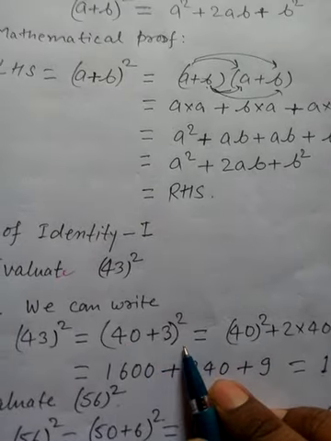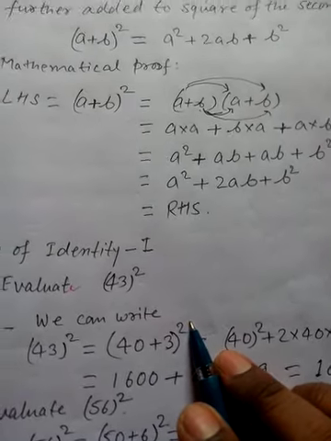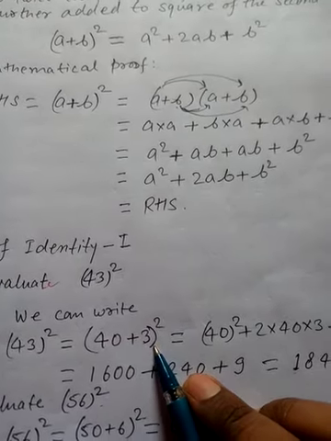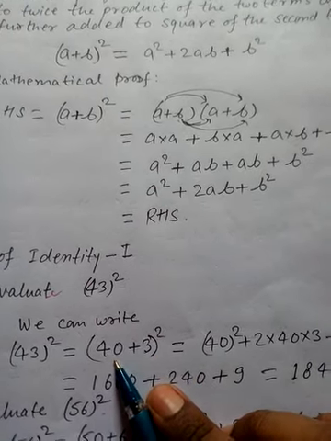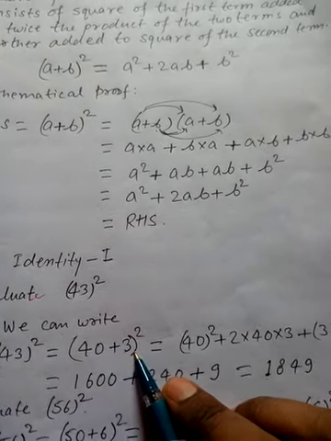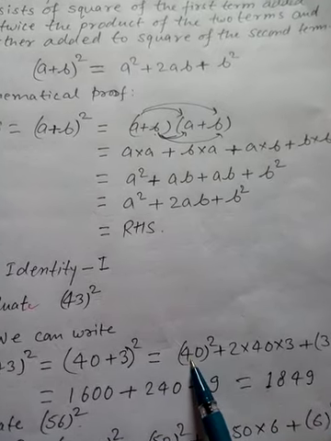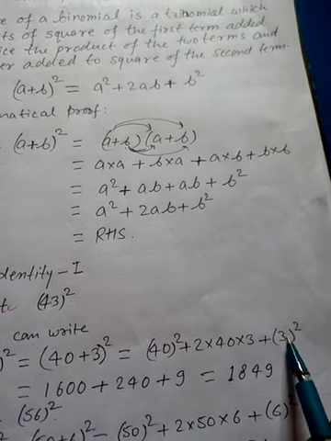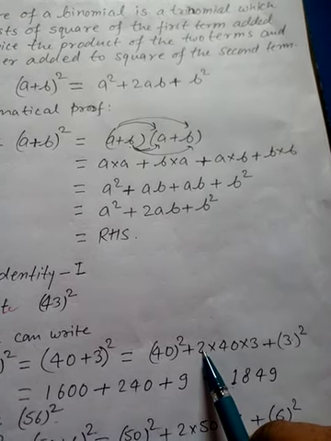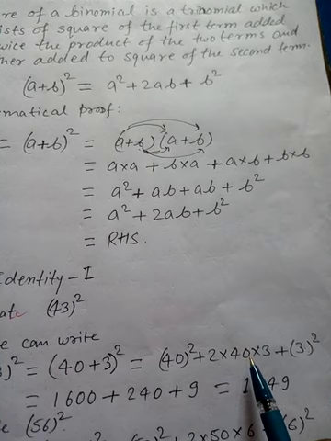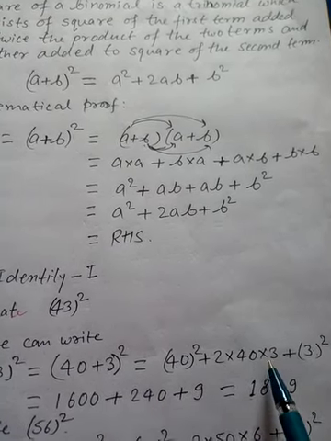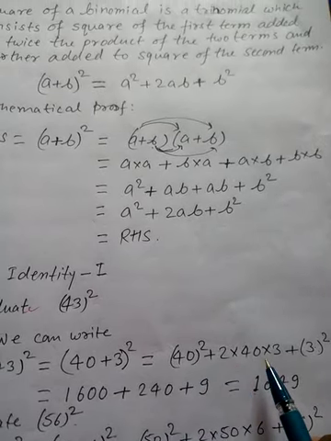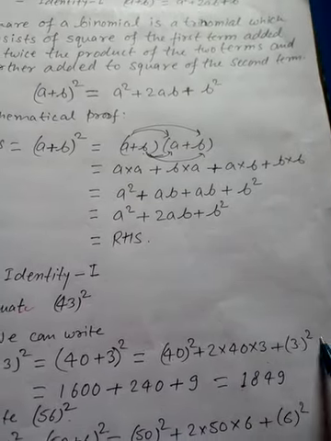So (40 + 3) whole square. Now 40 is taken as a and 3 is taken as b. So a square means 40 square, plus b square means 3 square, and plus 2ab, 2 into 40 into 3. So 40 square plus 2 into 40 into 3 plus 3 square.